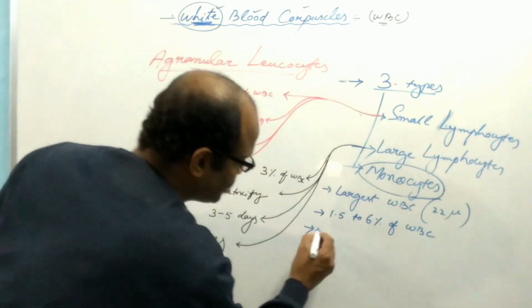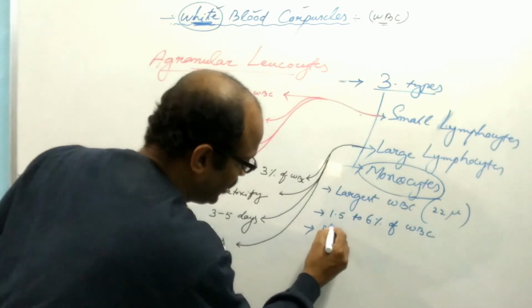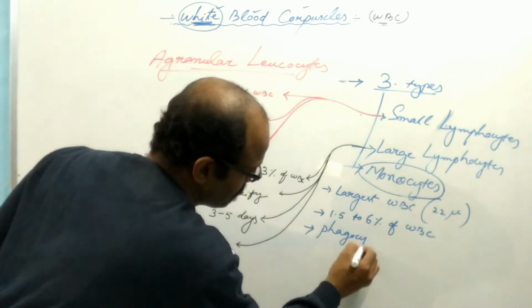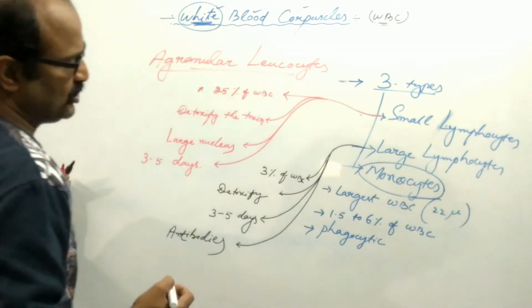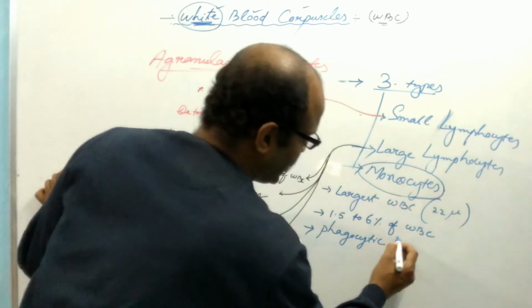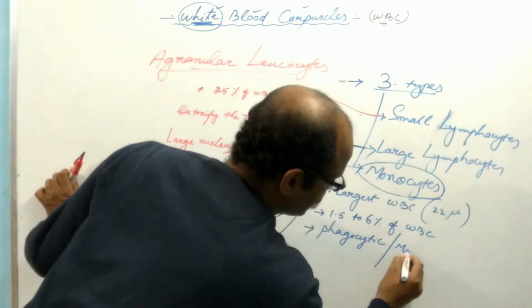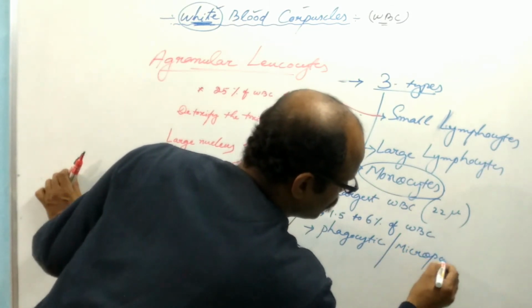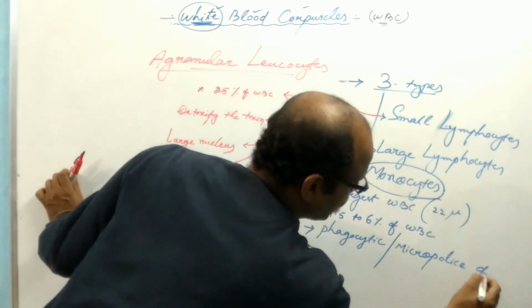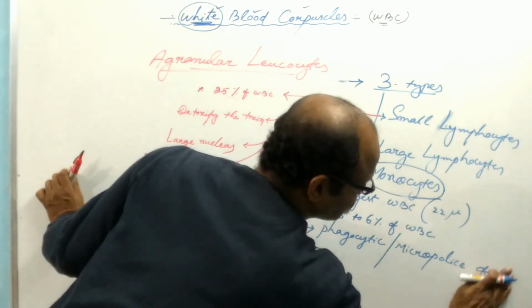Such monocyte is a phagocytic cell, and it is regarded as the microphage of human.